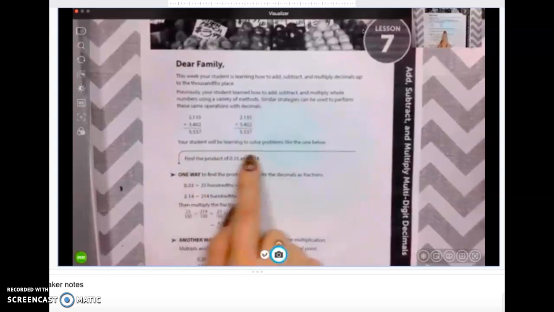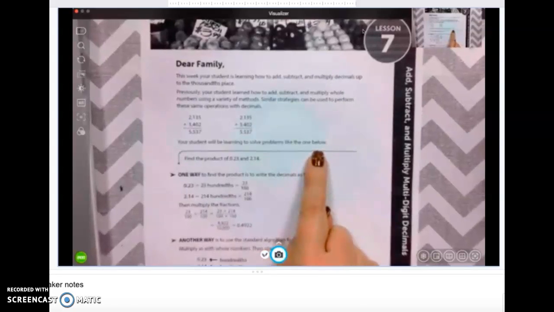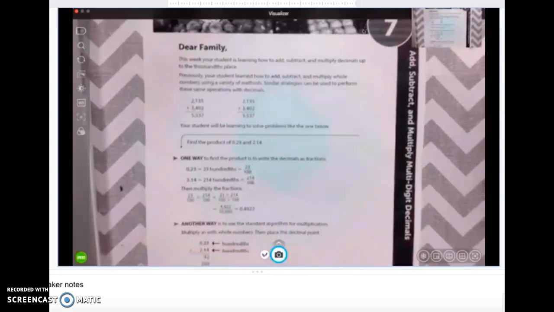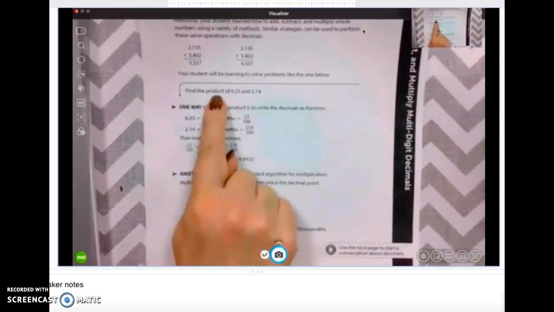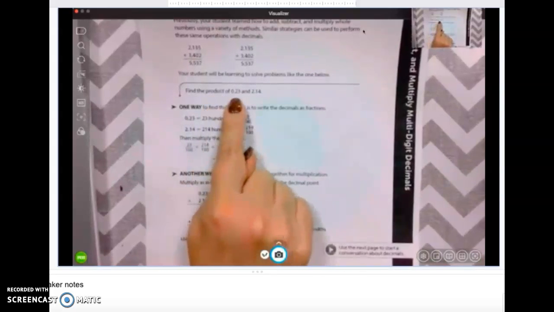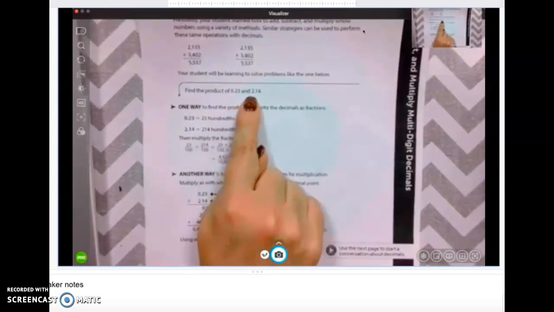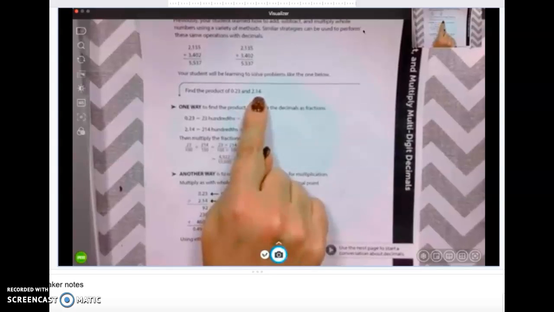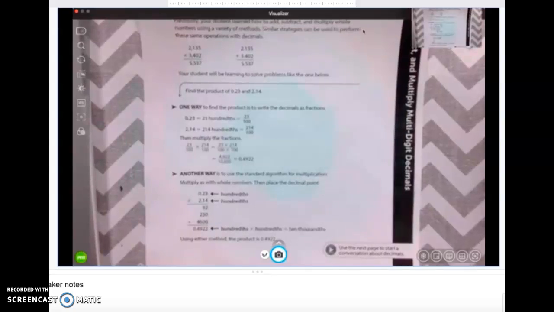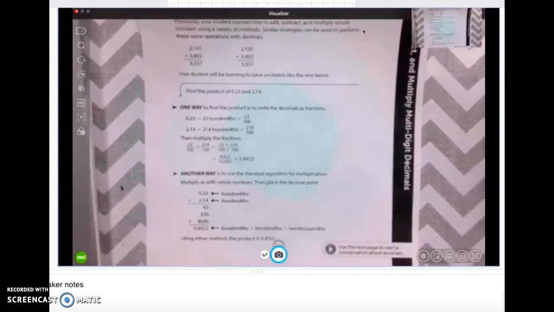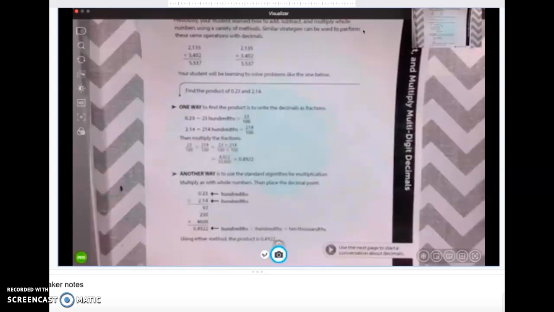Your student will be learning how to solve problems like the one below also. And this is a multiplication problem. They're asking us to find the product, that means we're going to multiply, of 23 hundredths and 2 and 14 hundredths. One way to find the product is to write the decimals as fractions. And to figure out what fraction it is, you have to know its place value.